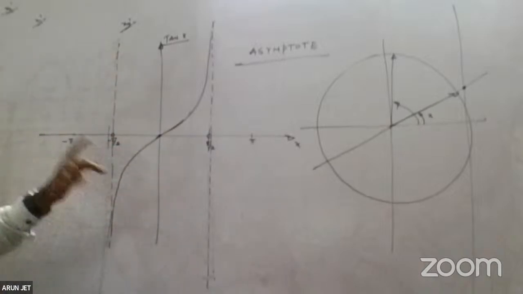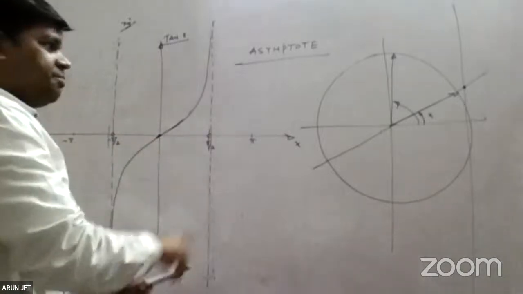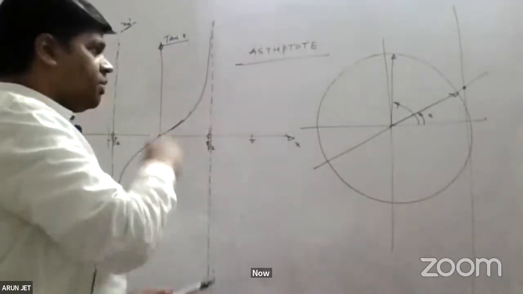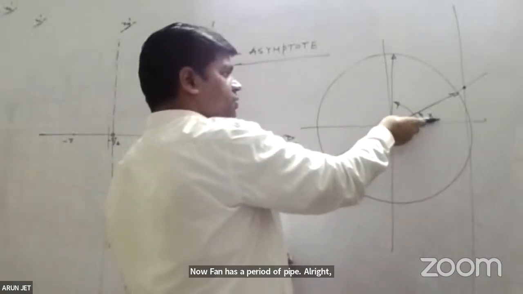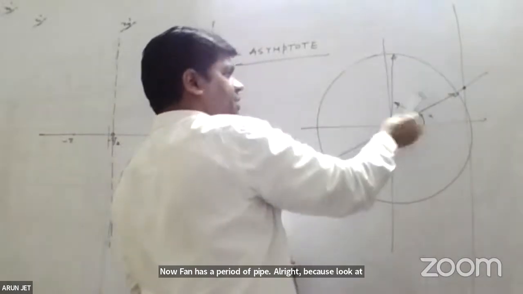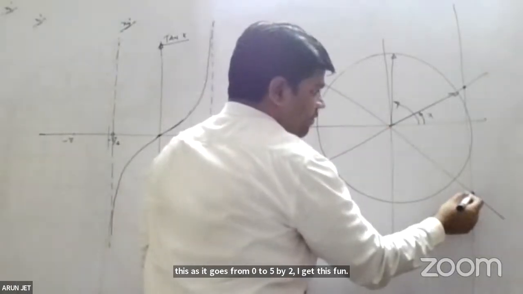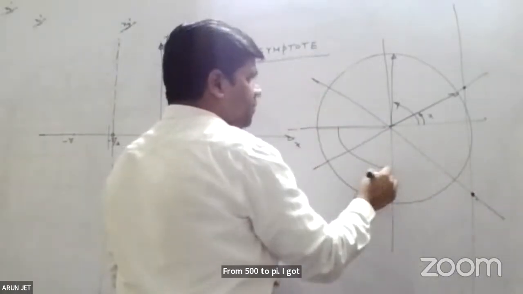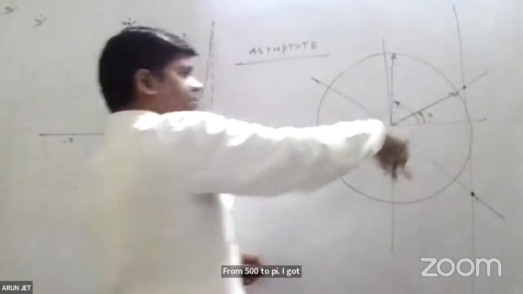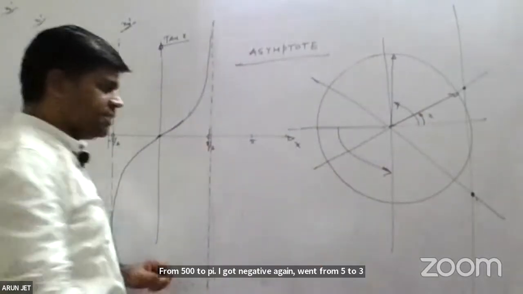this is my tan function. Now, tan has a period of pi. Look at this. As it goes from 0 to pi by 2, I get this. From pi by 2 to pi, I get negative. Again, from pi to 3 pi by 2, I get positive. Same thing gets repeated. As you've seen, tan of pi plus x is tan x.